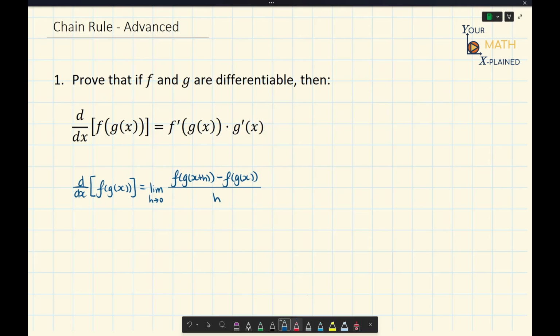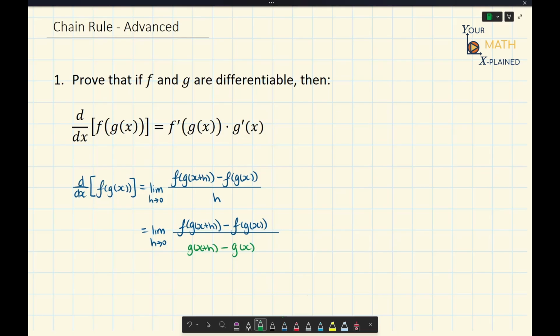And now the trick here is we're actually going to split this up into two fractions. So this is going to be the limit as h approaches 0 of f of g of x plus h minus f of g of x. And then for this one, we're going to put this over g of x plus h minus g of x.